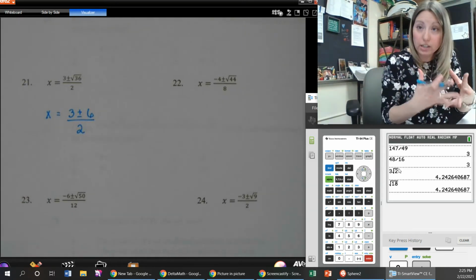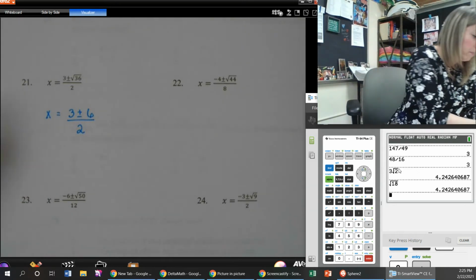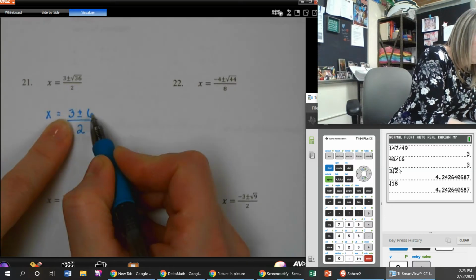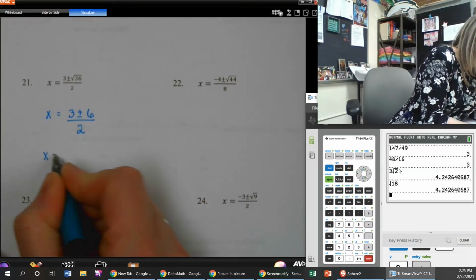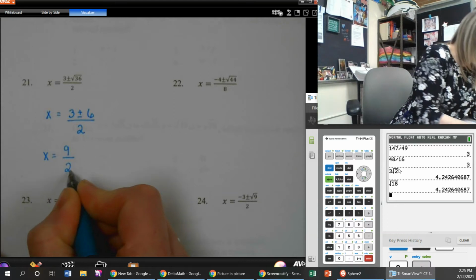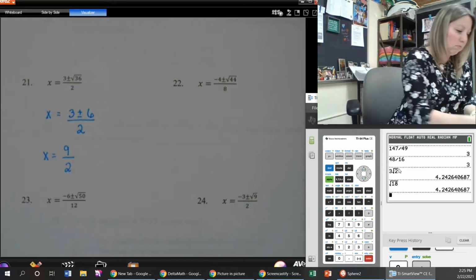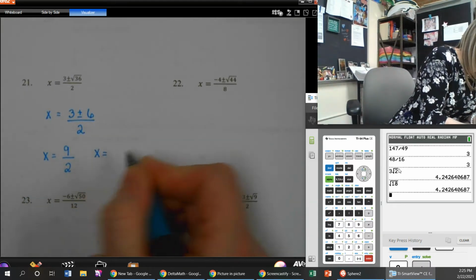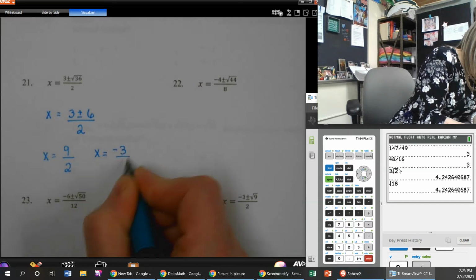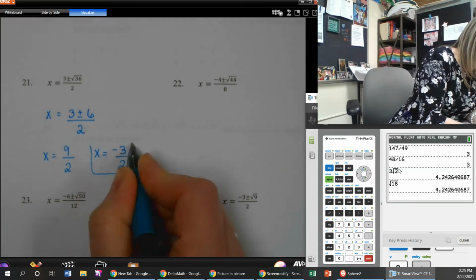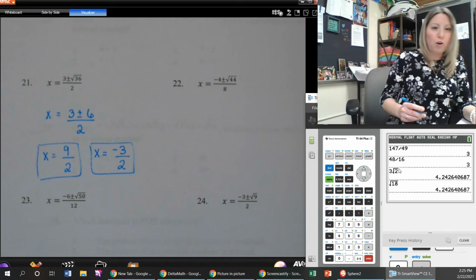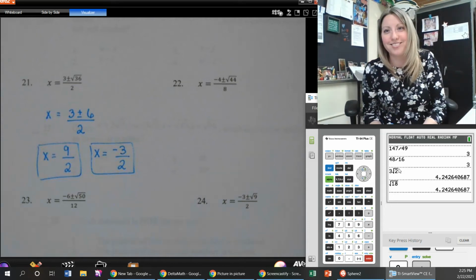And these are all integers, so we can do this, right? 3 plus 6 is 9. 9 does not evenly divide by 2, so I'm going to leave it as a fraction. 3 minus 6 is negative 3. Negative 3 does not evenly divide by 2, so I'm going to leave it as a fraction. Fractions are fine. Fractions are fun.